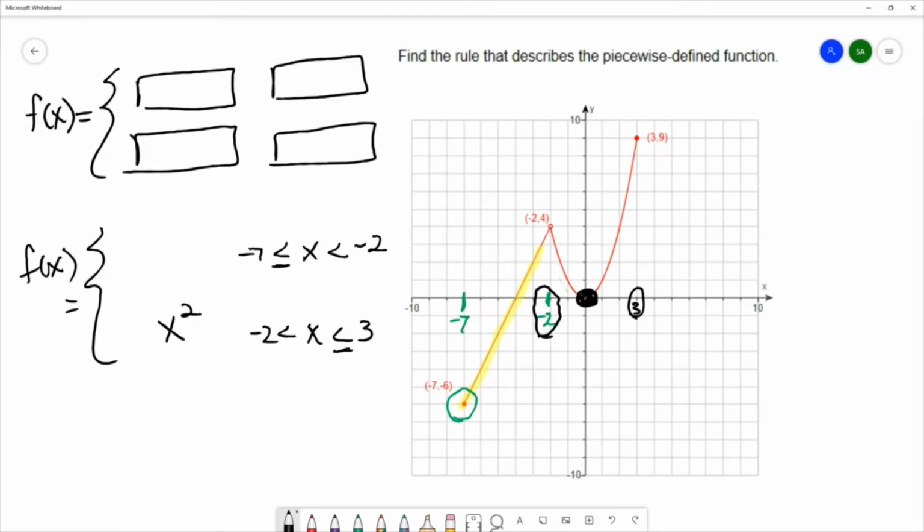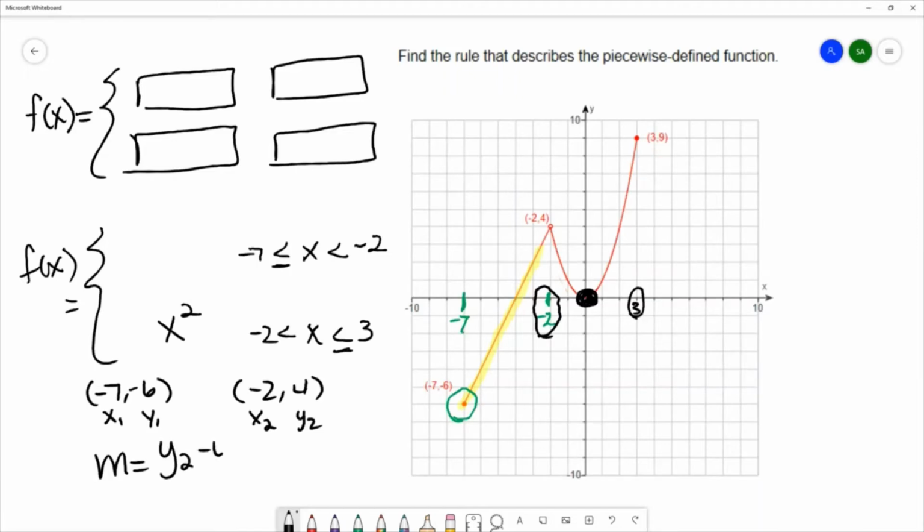So the 2 points on the line for this one are (-7, -6) and (-2, 4). I'll let one point be (x1, y1), the other one (x2, y2). I can calculate the slope using the formula y2 minus y1 over x2 minus x1.